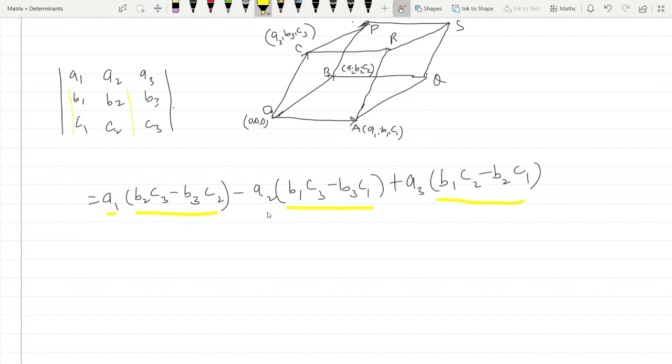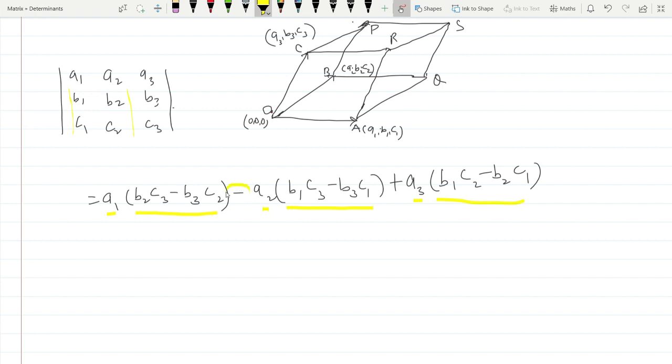Now a1, a2, a3 are the lengths of normals from A, B, C respectively on these projections. As you know, the x-axis is always perpendicular to the yz plane, and the volume of a parallelepiped is area of the base into height.